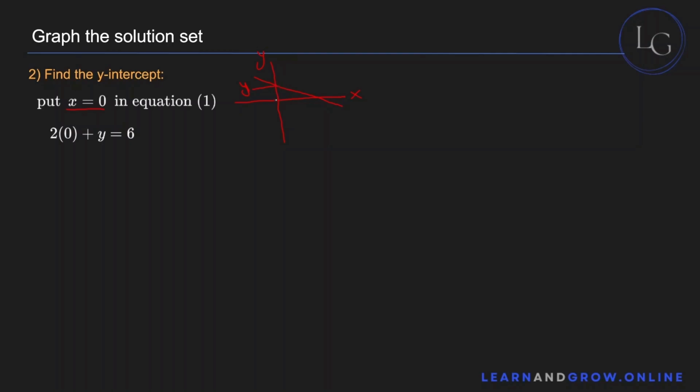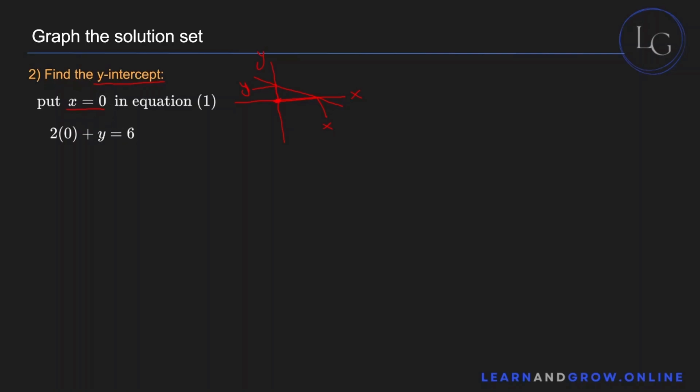That's right, it's 0. So when you are finding the y-intercept, you plug in x is equal to 0, and when you're finding the x-intercept, which is this over here, you have a value for x, but the value for y is, again, 0. So in case of the x-intercept, you put y is equal to 0.